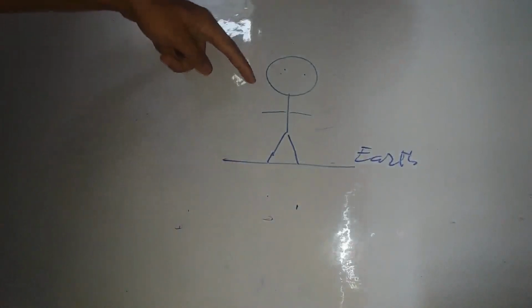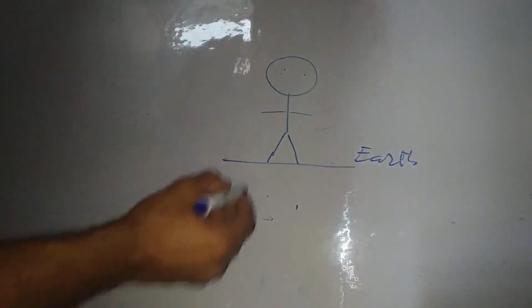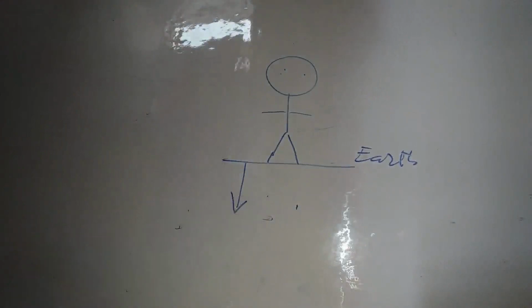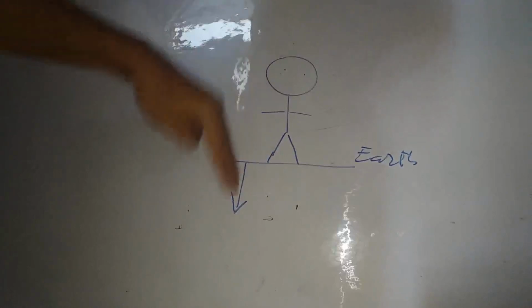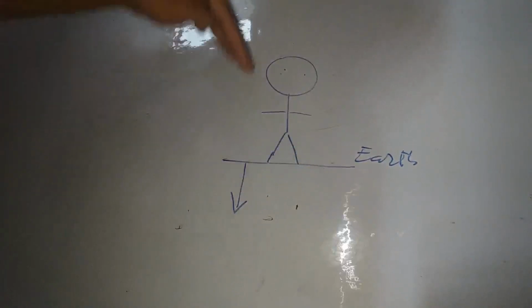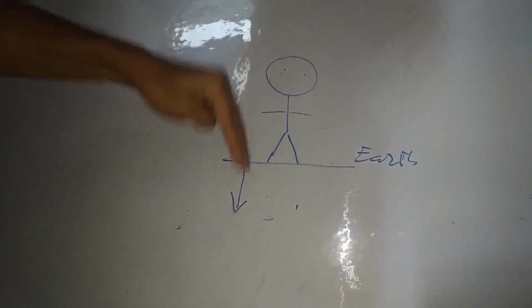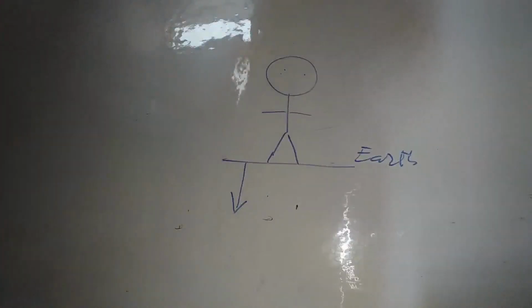Okay, force acting in the downward direction. So downward direction क्या होगी? यहाँ पे हम सेंटर ऑफ द अर्थ से ग्रेविटी को मेजर करते हैं, सेंटर ऑफ द अर्थ. तो सेंटर ऑफ द अर्थ की तरफ हमारी अट्रैक्शन हो रही है. सो द अर्थ अट्रैक्ट्स अस इन द center of the earth, towards the center of the earth.